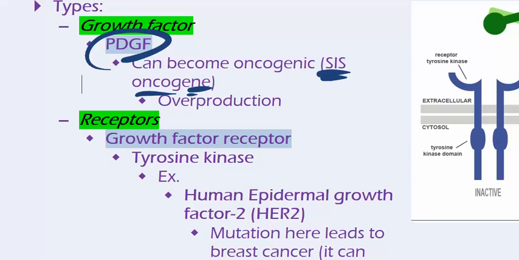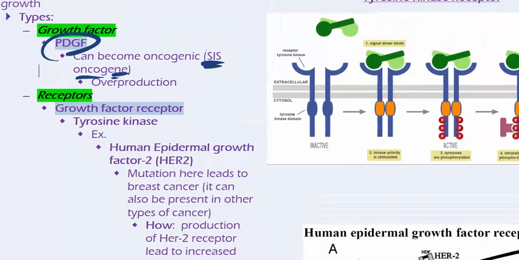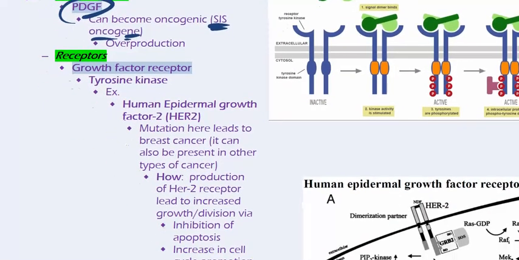So probably what we're seeing here is that it's coming from a virus, and maybe the genetic information of the virus is somehow leading to the overproduction of platelet-derived growth factor, right? I don't think he develops this in the lecture, but I'll take it.